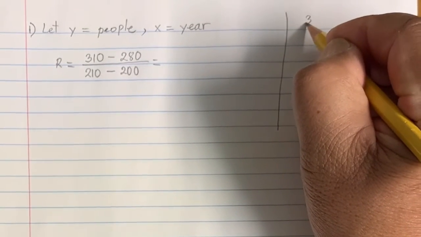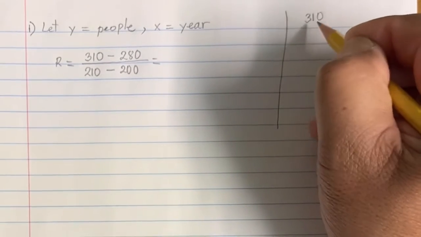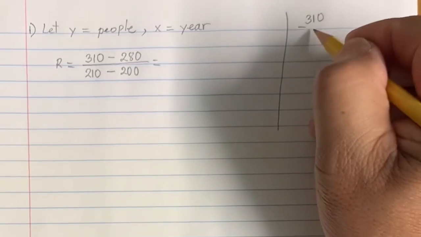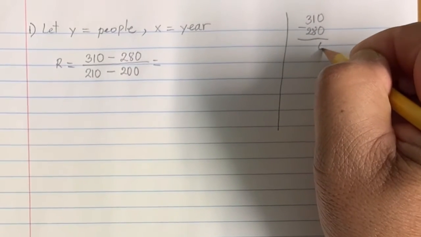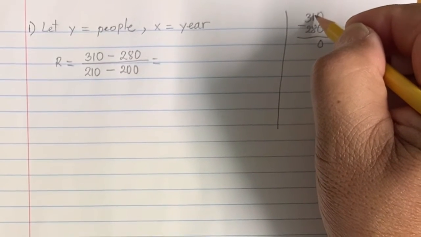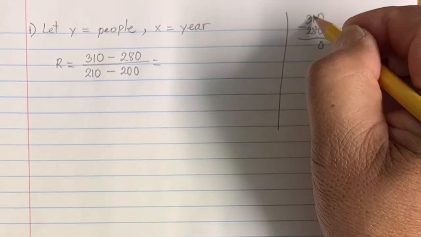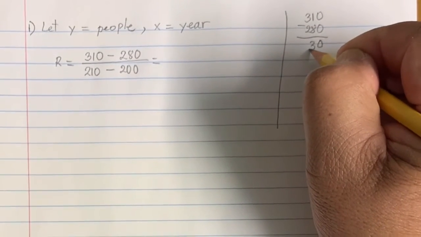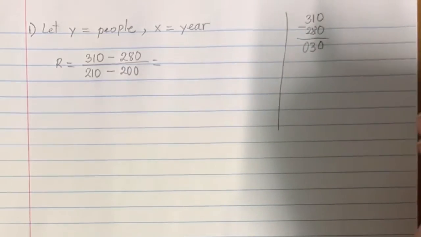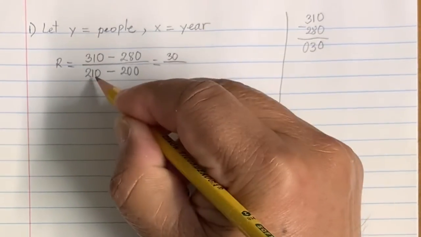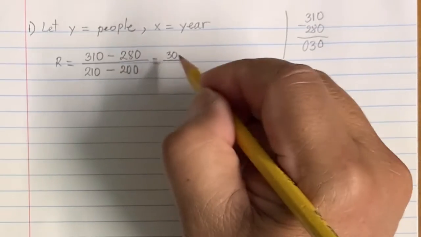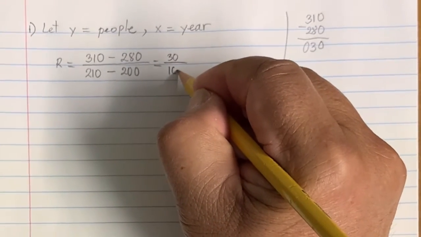Let's say 310 minus 280. So that'll be 0. So that's going to be 3 and that's going to be 0. So that's 30. 2010, take away 2000, we got 10. Okay.